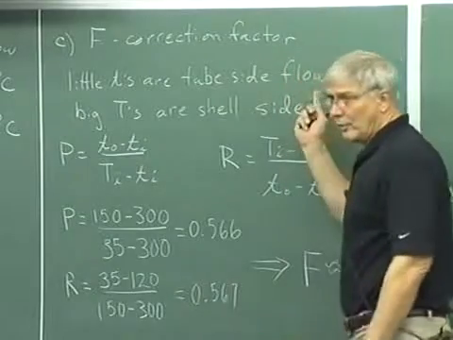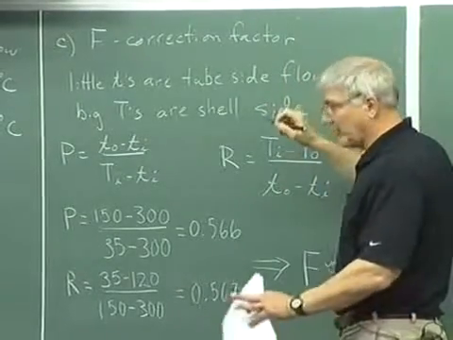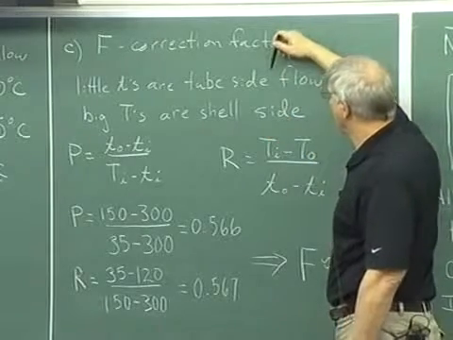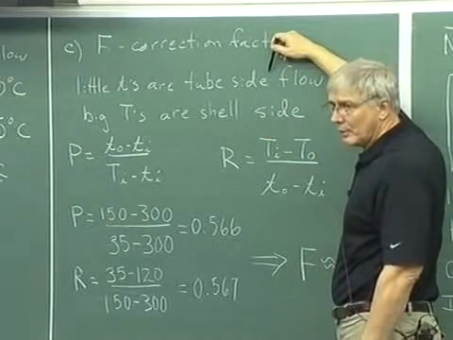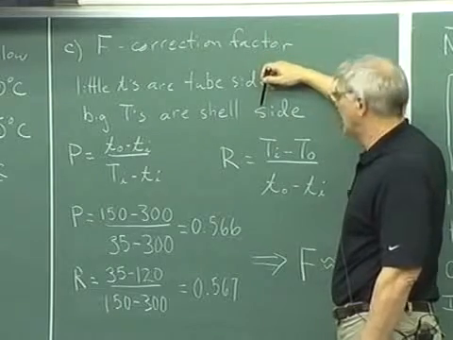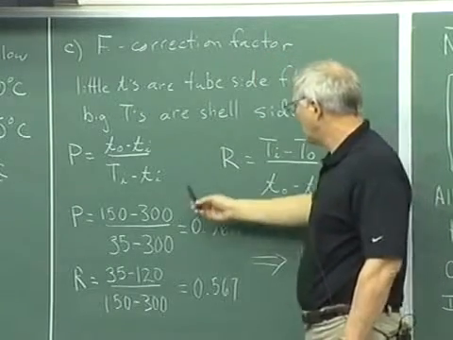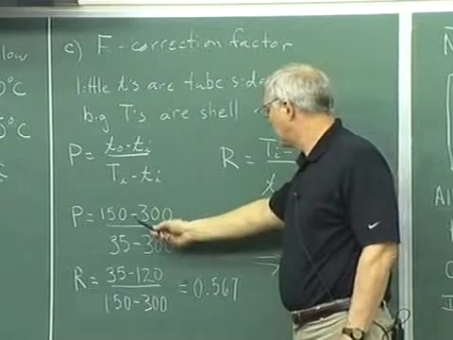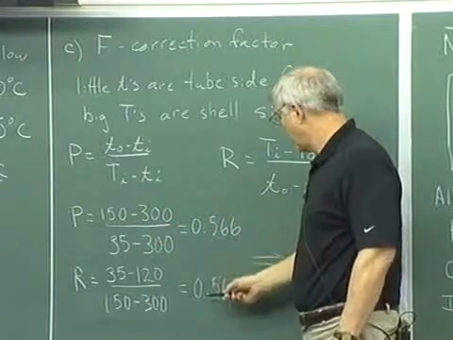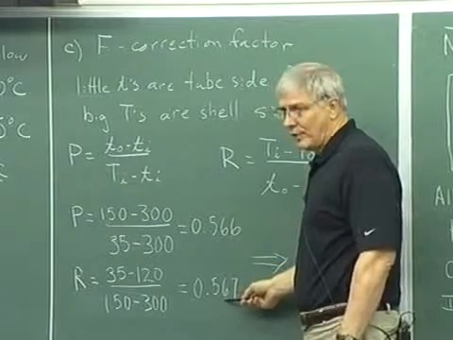It says on the table, and it's also in the notes I gave you, that the little t's are the tube side flow, the temperature of the flow going through the tube, and the big T's are on the shell side. So if we calculate P, plug in the temperatures, we get 0.566, and if we calculate R, we get 0.567.